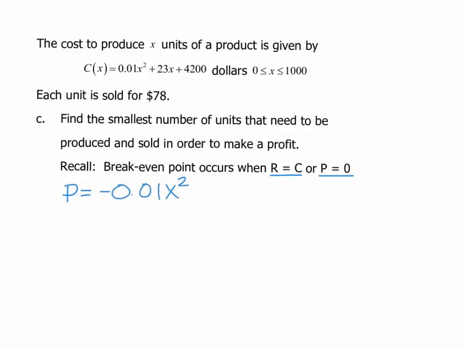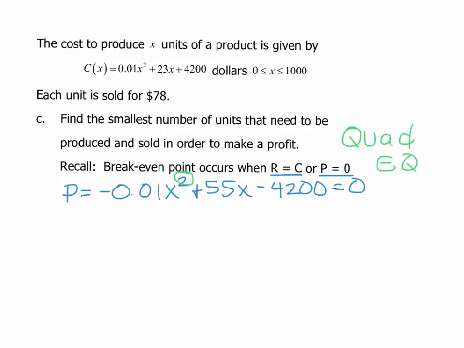This is my profit, negative 0.01 x squared plus 55x minus 4,200. I need to find where that equals 0. And if you look at this equation, we can see since I've got a squared there, this is a polynomial of degree 2, so this is a quadratic equation.